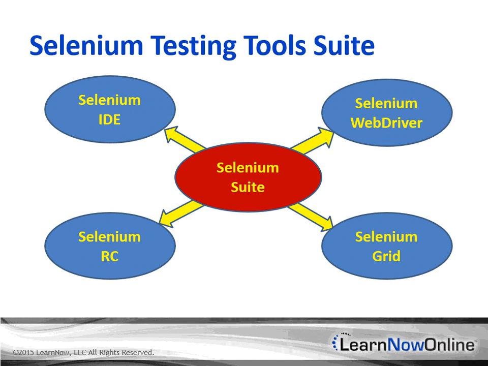Selenium Grid is the last tool in the Selenium testing tool suite. It is used to support parallel testing on multiple platforms and browsers simultaneously. So you want to use the Selenium Grid to support large test suites or run in multiple distributed test execution environments.